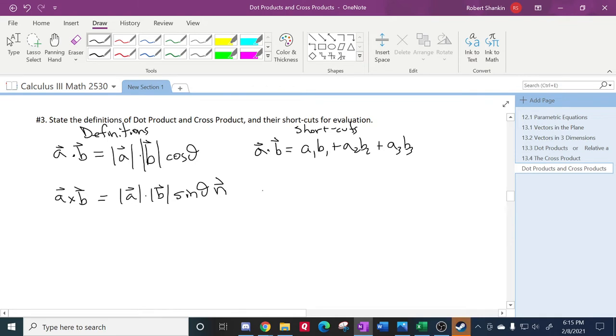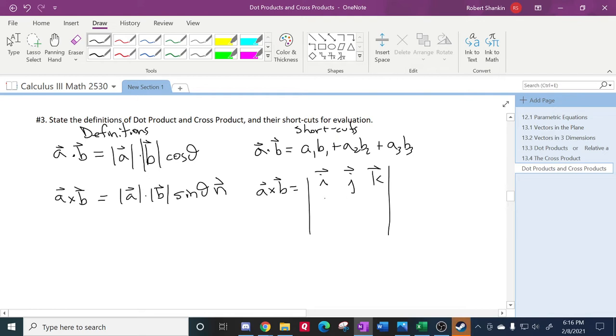And A cross B, we use this. Now the cross product we can't do in 2 space. We have to do it in 3 space or higher. But you can do 2 space ones. You just make the third component a 0, and then you still use this.